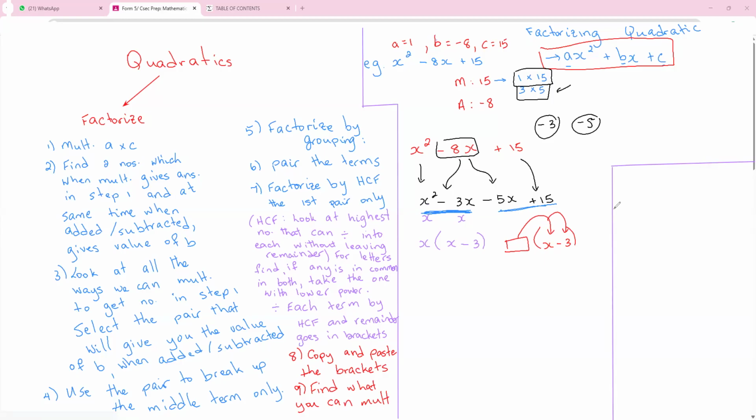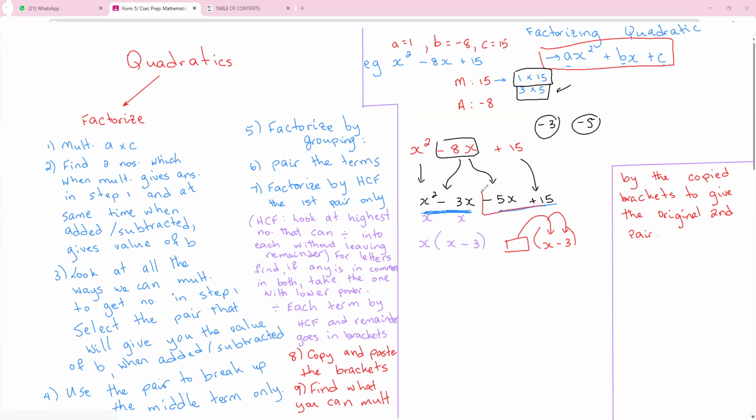Right, so copy and paste bracket, and then find what you can multiply by the duplicated brackets or the copied brackets to give the second pair, the original second pair.